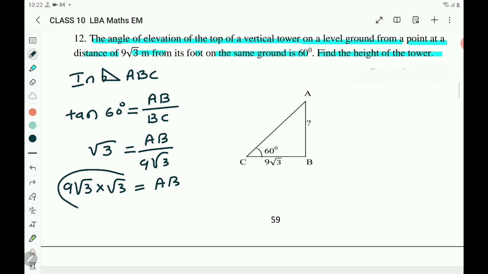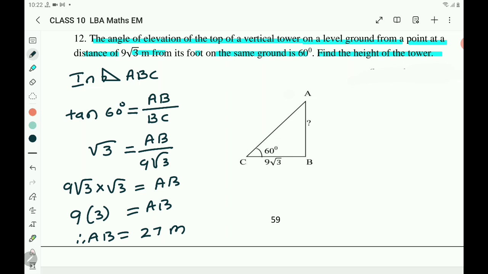Then 9 root 3 into root 3: write this 9 as it is and root 3 into root 3 is 3. So it becomes 9 into 3 equals AB. Therefore, AB is equal to 9 into 3, 27 meter. Then what is the height of the tower? Height of the tower is 27 meter.